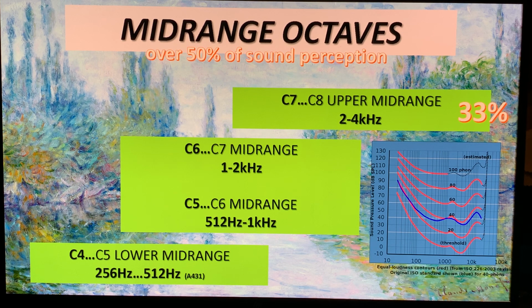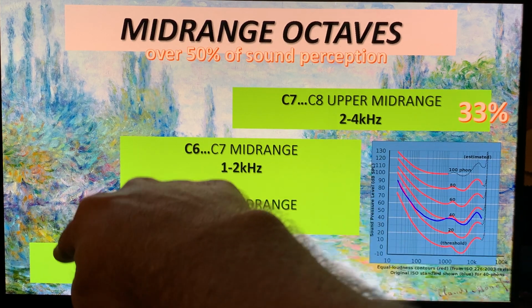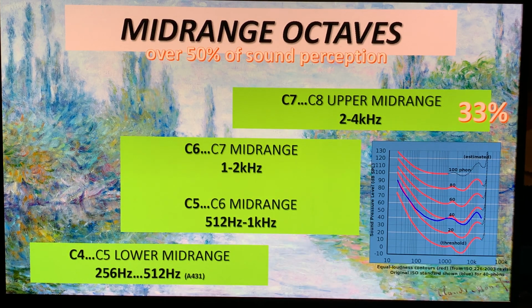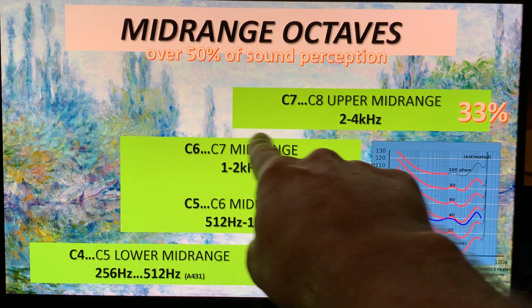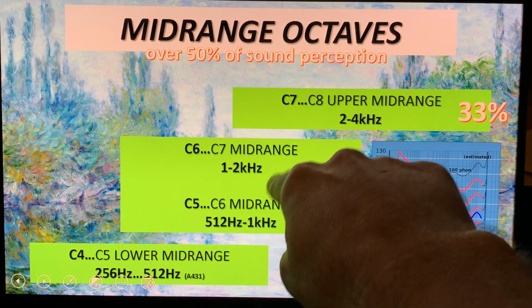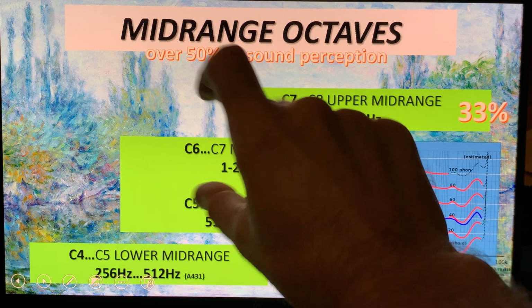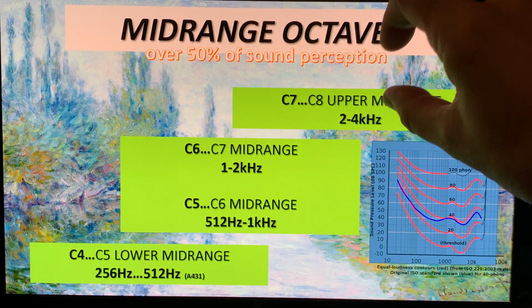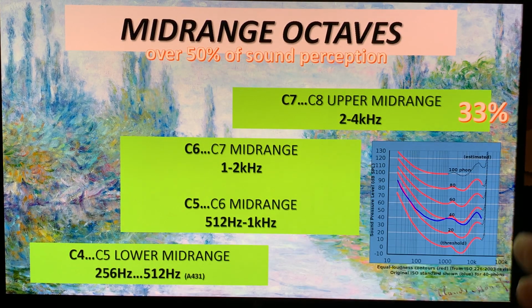If a man's voice is predominantly in the lowest half of the C3 octave, he's considered to have a really deep voice, and if he is already in the C4 range, then he has a higher voice. Out of the mid-range, these two octaves, the C5 and the C6, are the meat of the mid-range. The C7 octave is the upper mid-range, and C4 is the lower mid-range.